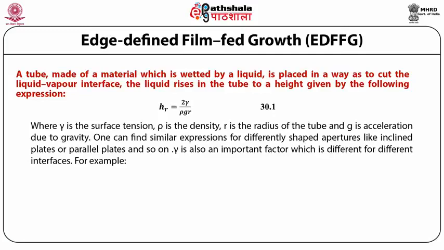One can find similar expressions for differently shaped apertures like inclined plates or parallel plates and so on. Gamma is also an important factor which is different for different interfaces. For example, γ_SG is greater than γ_GL plus γ_LS, as is given by equation 30.2.